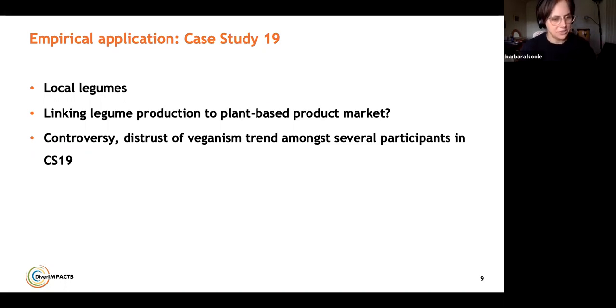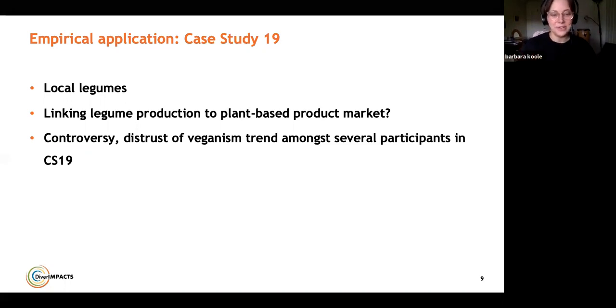And this was creating an interesting puzzle, because if you look at it very bluntly, you think, hey, if you want to produce more legumes, then why are you not interested in this growing market that could maybe use a lot of your legumes?